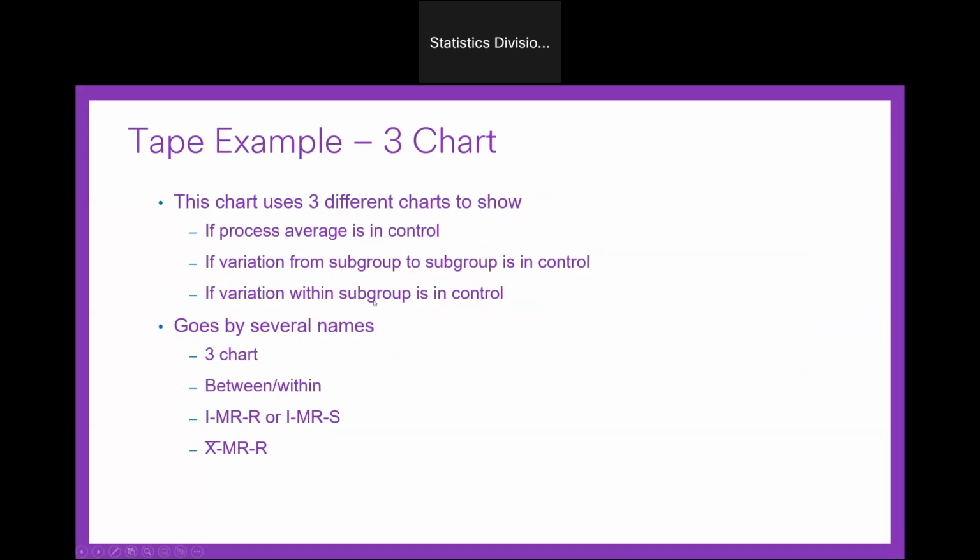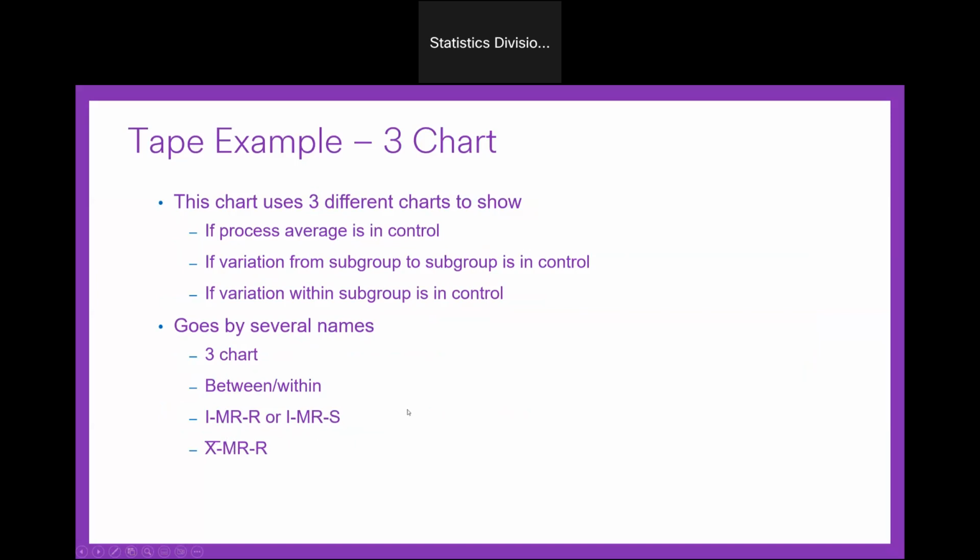But anyway, the way that you can account for that when you have those different sources of variation is a 3 chart, which is really a combination of the 2 charts we already looked at, the individuals and the average chart. And you can call it multiple things. It's one of those ones that nobody ever decided on a name for. So we call it a between within, an IMRR, IMRS, X-bar, MRR.